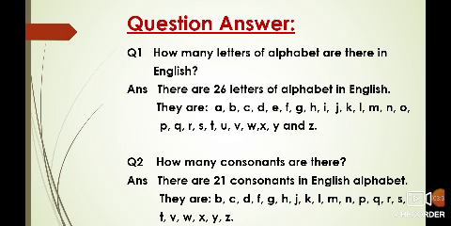Now, question number 2. How many consonants are there? Answer. There are 21 consonants in English alphabet.